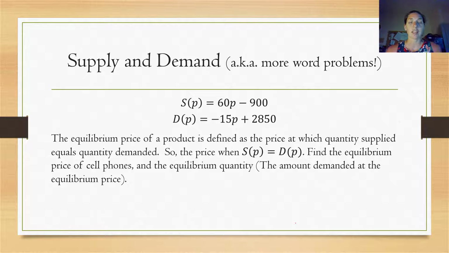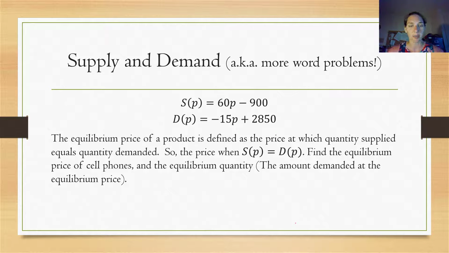Okay. Equilibrium price of a product is defined as the price at which quantity supplied equals quantity demanded. So the price when S of P equals D of P. We want to find the equilibrium price of this specific cell phone and the equilibrium quantity.